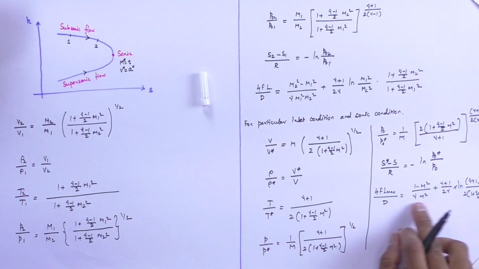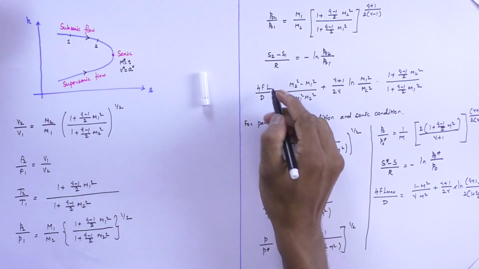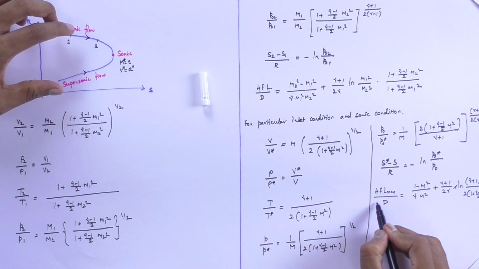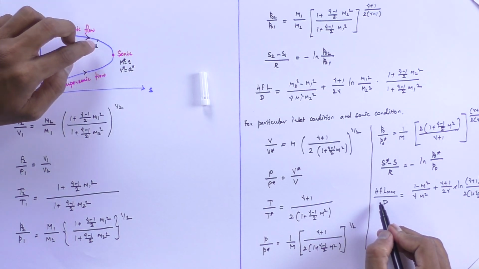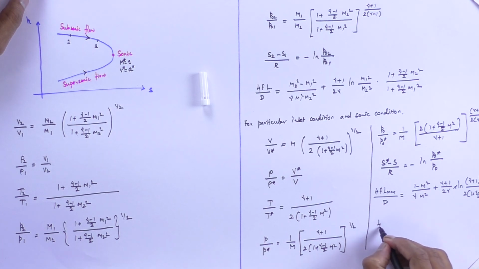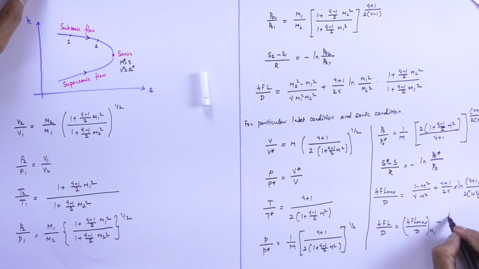So, after referring to this equation, for Mach numbers M1 and M2, we can represent this term as a function of 4f L maximum divided by D for a particular state point 1 Mach number and state point 2 Mach number, inlet Mach number and exit Mach number. That is represented as 4f L divided by D is equal to 4f L maximum divided by D of Mach number 1 minus 4f L maximum divided by D of Mach number 2.